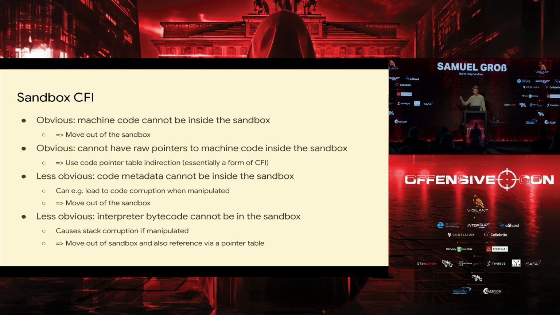I skipped one: there's code metadata in V8, metadata that describes how you, for example, relocate code from one address to another. If that's manipulated, that ends up corrupting the code, which is then eventually bad for the sandbox. So these are a bunch of problems.